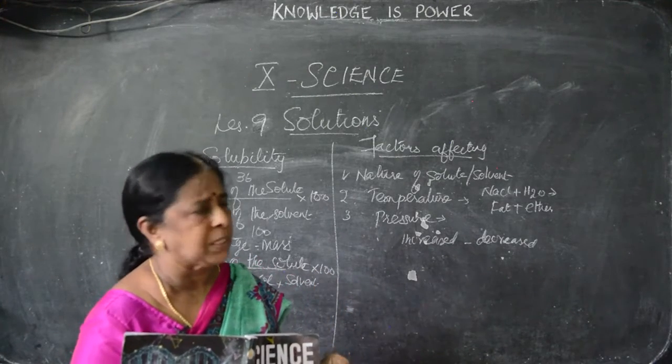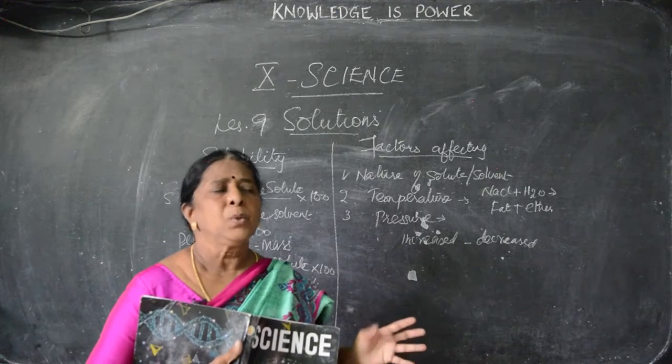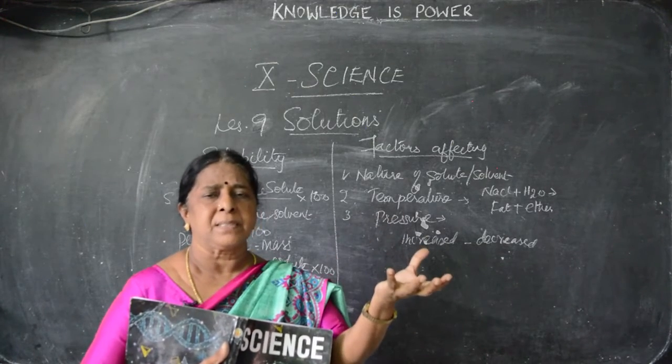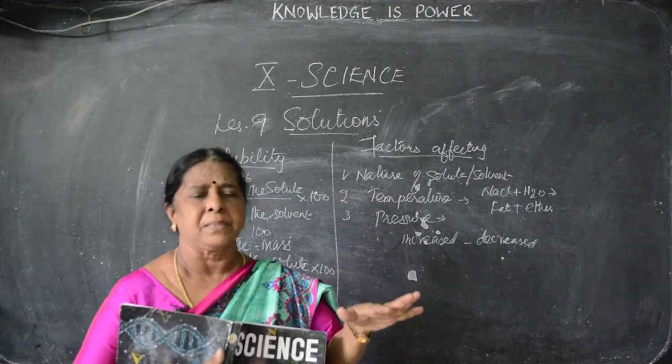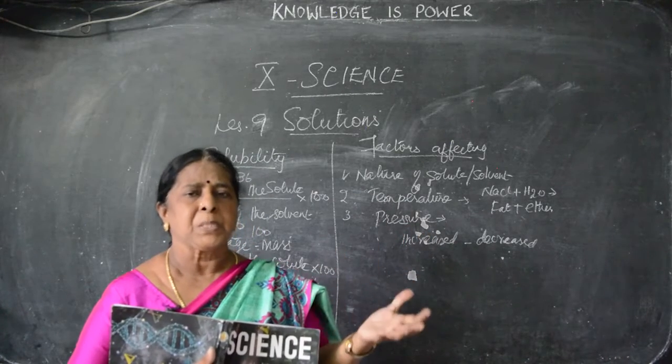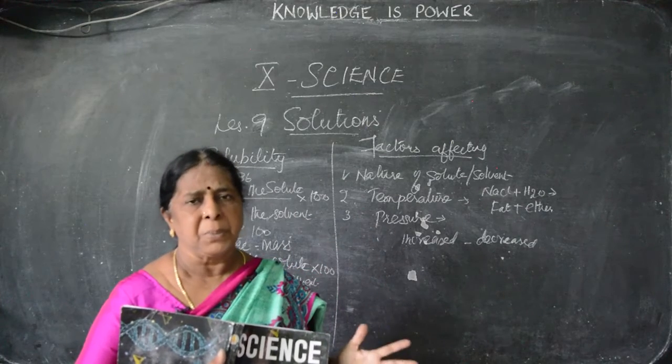Can you follow what I said? Copper sulfate is dark blue in color. If you keep it in the open space, what is there? Air. In the air, water vapor is present. So because of the open space and sunlight, the water evaporates from the copper sulfate.